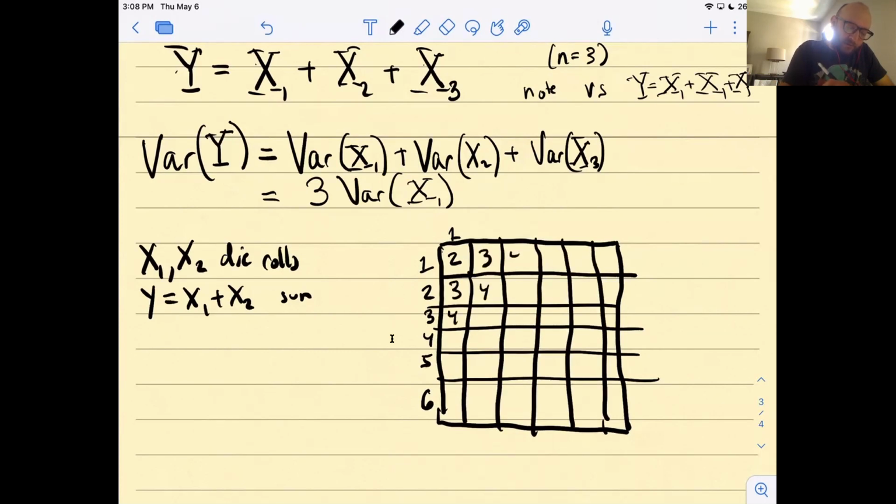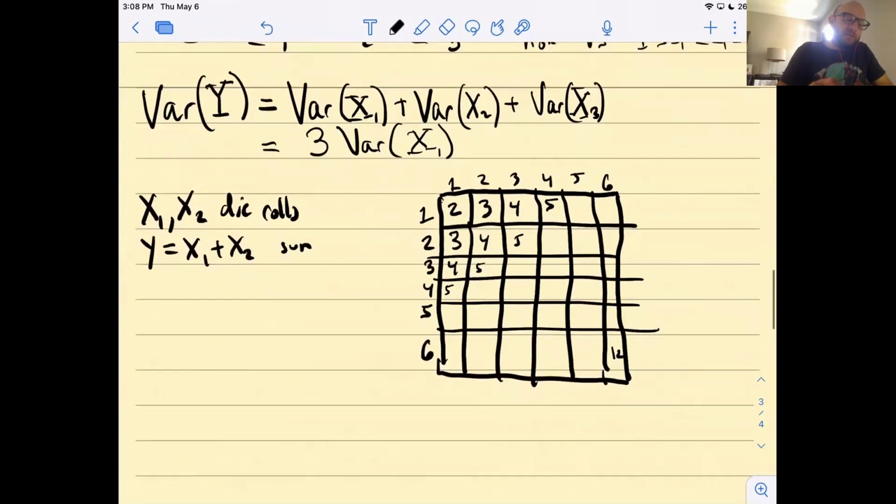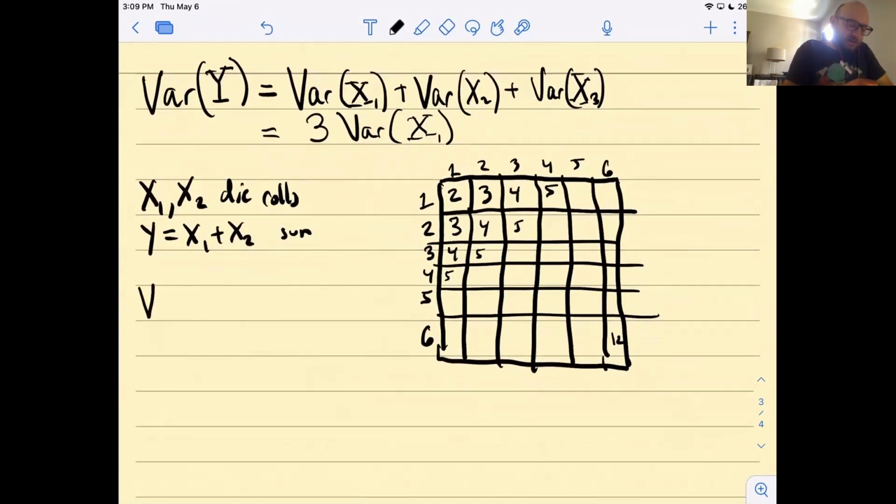You can get a 4 in 3 out of 36 ways, you can get a 5 like this, and so forth. And the last one will be a 12. So you could make this on Google Sheets, and I encourage you to do this, and see if you can find out the variance of the sum of 2 dice.